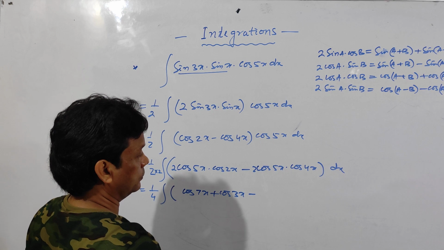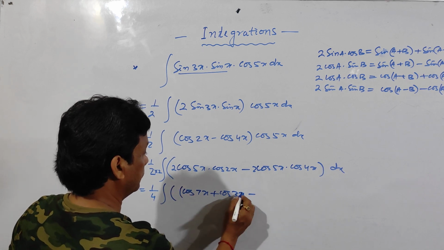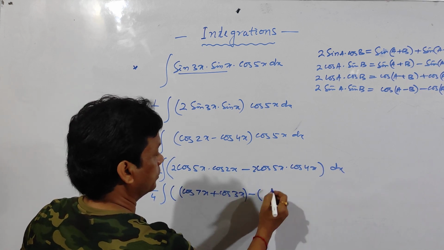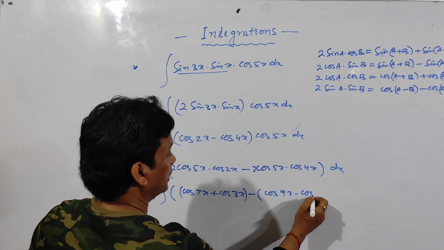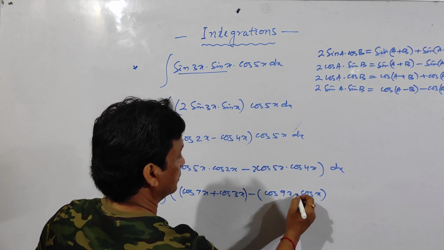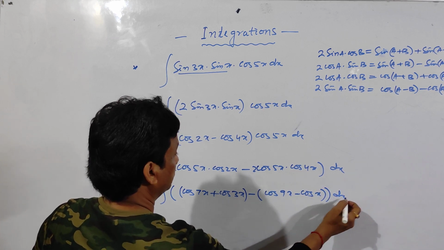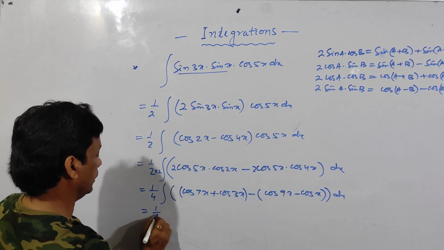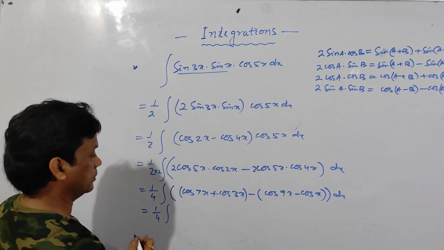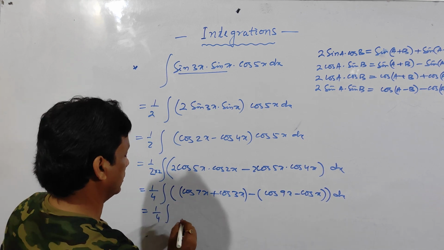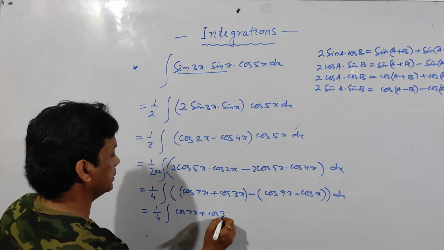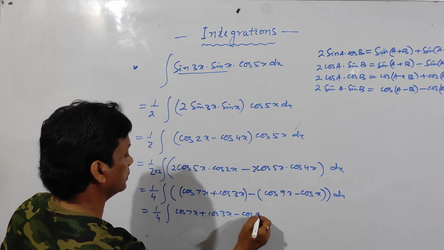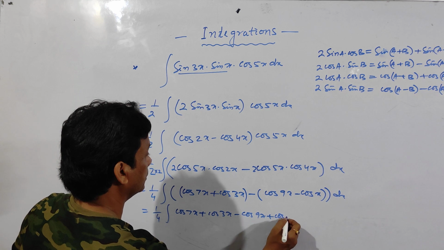Minus, I am putting a bracket here also. 2 cos a into cos b, this is cos(a plus b), so 9x, minus cos(a minus b), 5x minus 4x, it is x, dx. So 1 by 4 integration of cos 7x plus cos 3x minus cos 9x plus cos x.